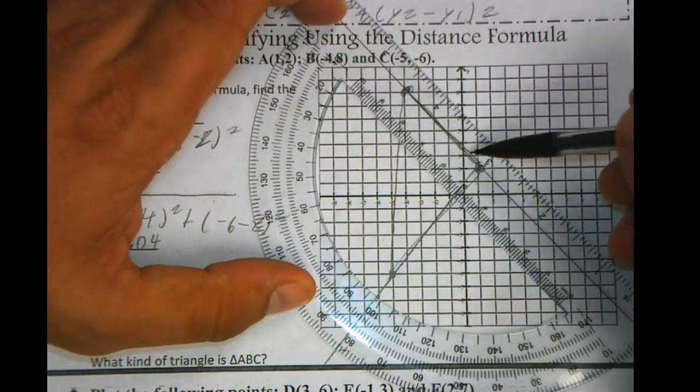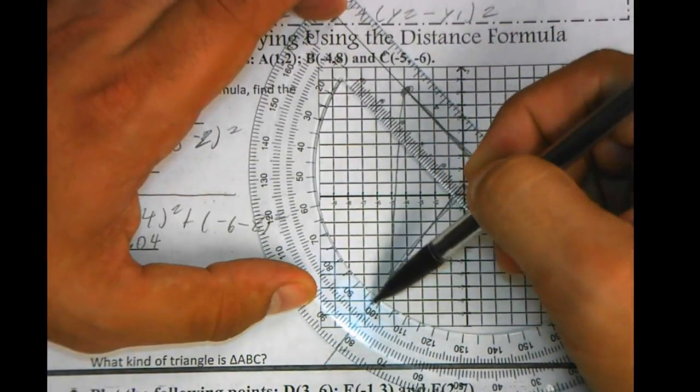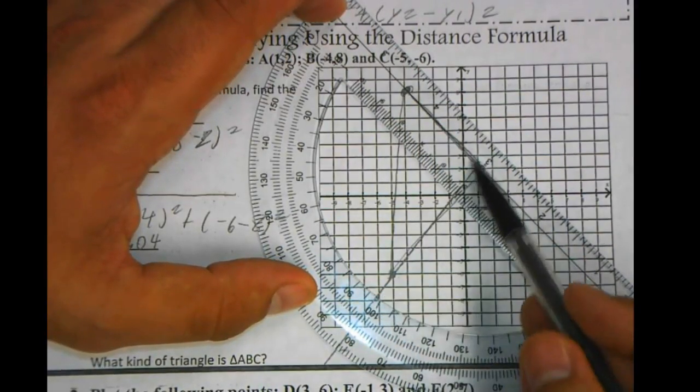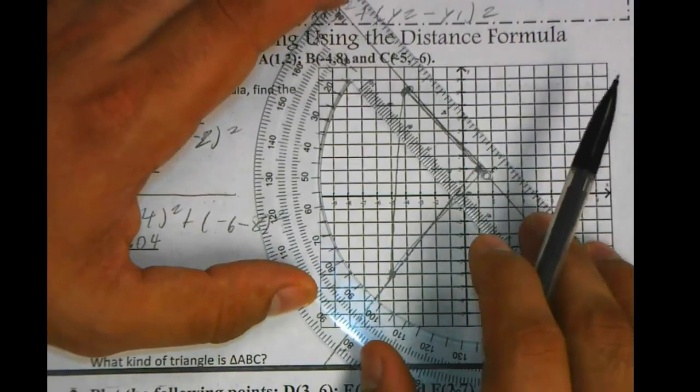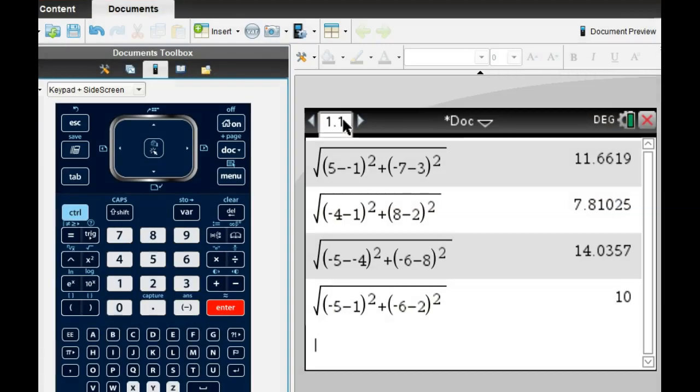This has to start at 0, and then it goes up past 90. It's about 96, 97, maybe 98. So does everyone see that if you measure it, this is actually bigger than 90? It might kind of look 90, but it's close, and it's not exactly. So we're going to put obtuse, right?